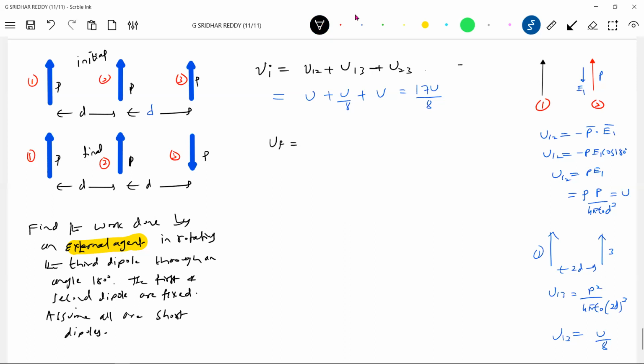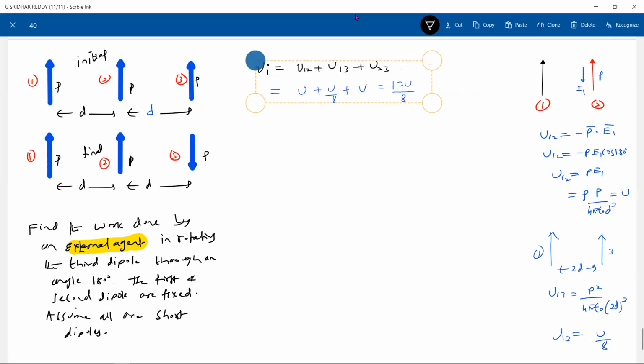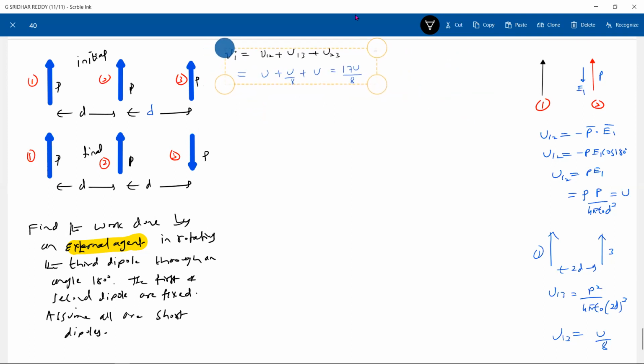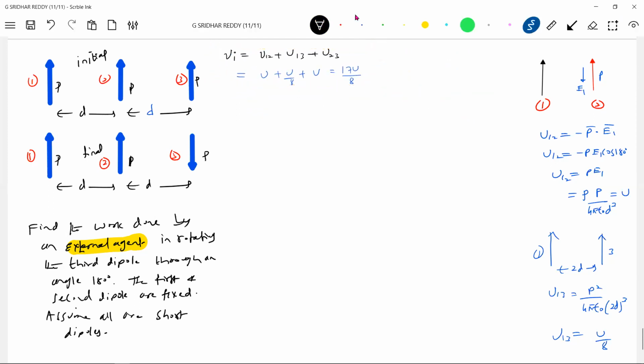The third dipole is being rotated. Let me try to wind up everything here only. For the third dipole, this is 3, this is 1. U12 will be the same, no?